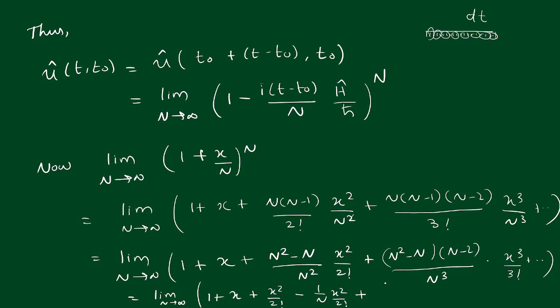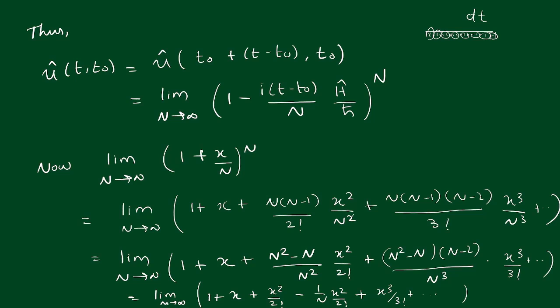Plus, and here again, if you multiply, you will get n cube. So basically n cube by n cube will be 1, so you'll get x cube by 3 factorial here, and then there are other terms with n in the denominator.